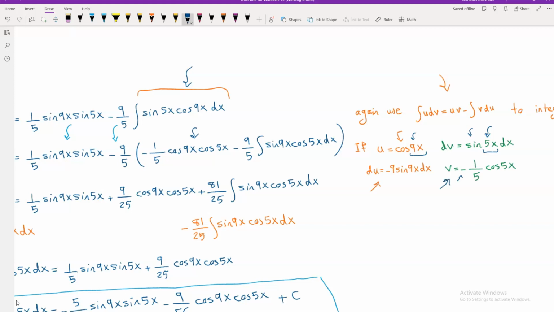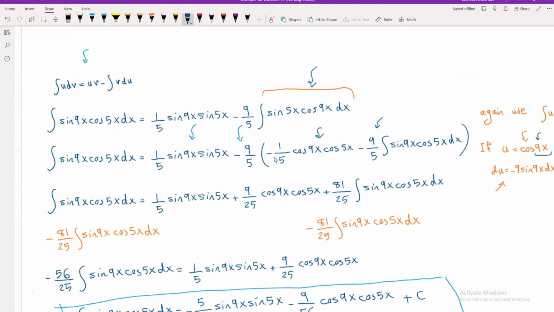So v is negative 1/5 cosine 5x, and du is negative 9 sine 9x times dx. So I use negative 9/5 here outside of the integral.